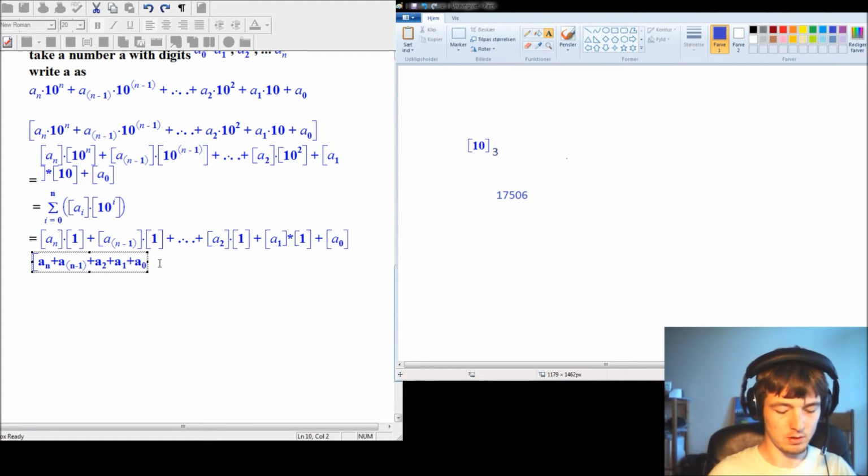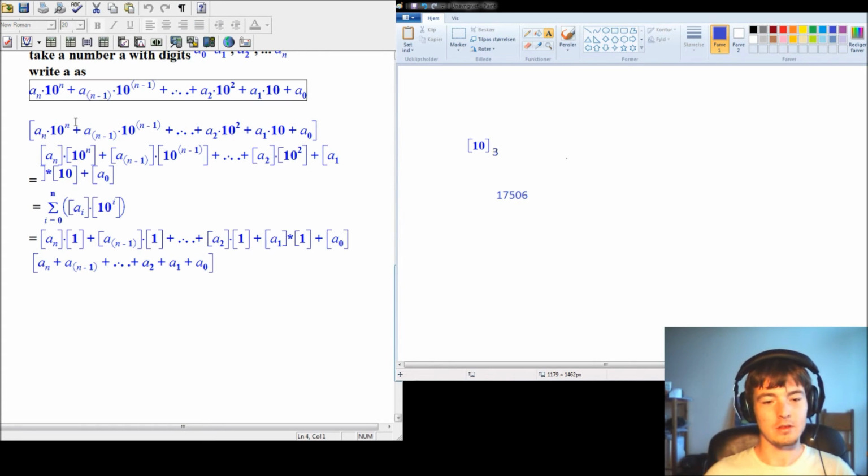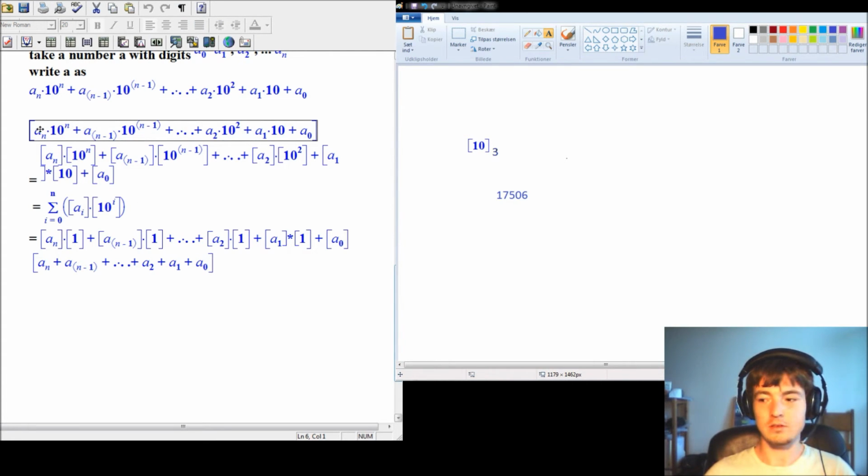And of course I have to remember all the ones in between, because I don't know how big n is. This is where they go. So this is the digit sum, and what this tells you is that the digit, no, this isn't the number I started with, exactly that number.